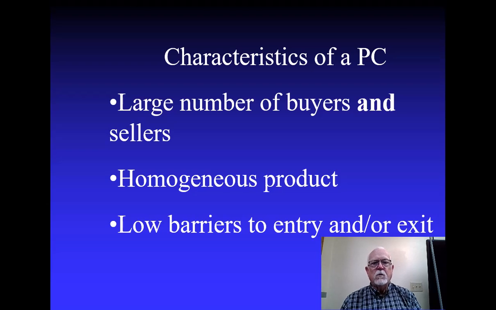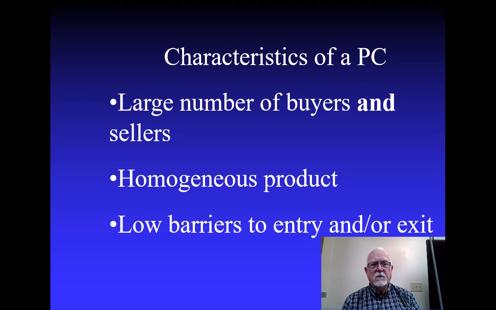Okay, so now we're going to get more specific about the perfectly competitive firm in a perfectly competitive market structure. So in a PC, if you will, there's a large number of buyers and sellers. They are selling a homogeneous product. What do I mean by that? Well, it's the same product from seller A to seller B to seller C. The closest thing that we can think of in the real world would be some kind of agricultural product, say like wheat.